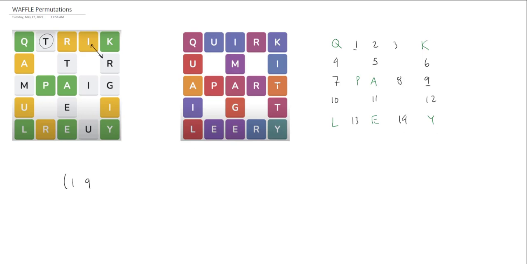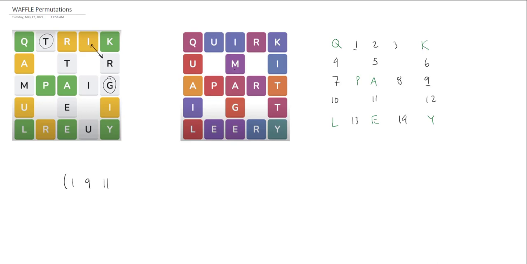Now, what was in the 9 position? That was actually a G. So we moved a T into this position, but originally it was a G. Where do I want to move the G? Well, I want to move the G down here into the 11 position. So I'm going to send 9 to 11. All right, cool.